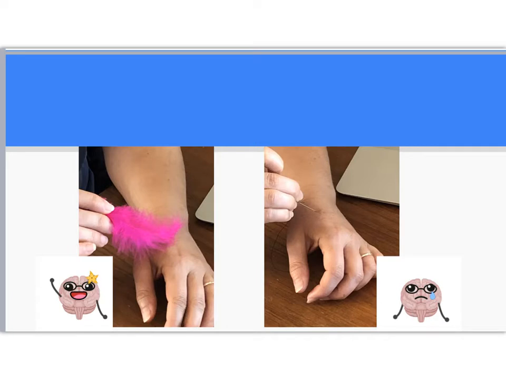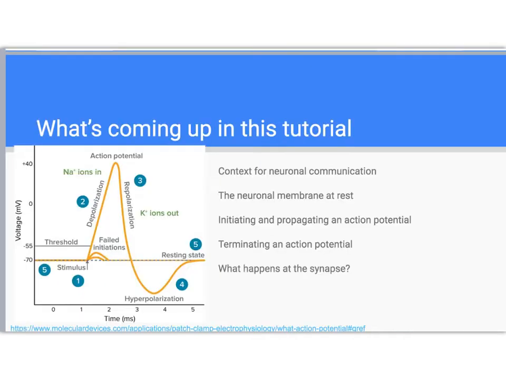By the end of the tutorial, you should be able to explain why that is at the level of membrane potentials and action potentials.